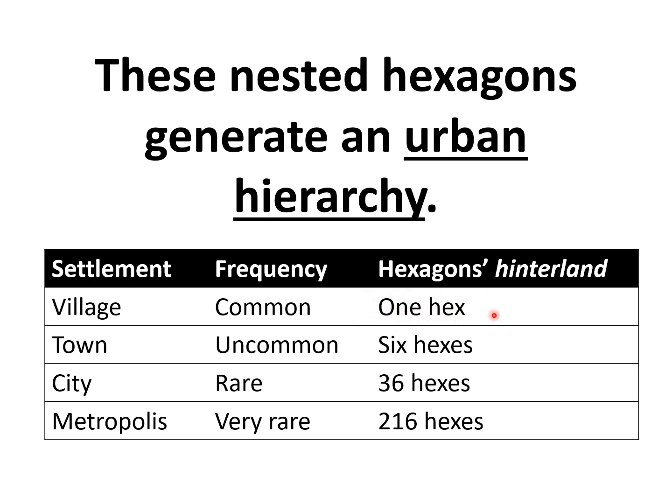The middle of that hex is where the goods and services you might find in a village would be available. For a town, that's a hexagon that's going to be surrounded by 6 other hexes, right? So there's the one in the middle and then the 6 around it.